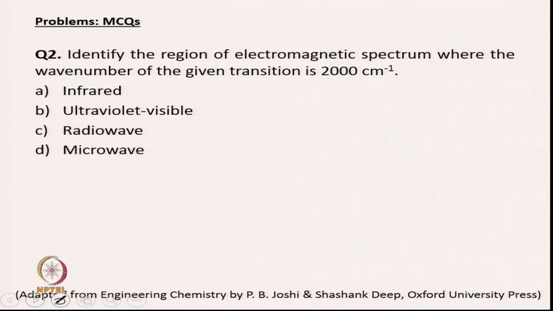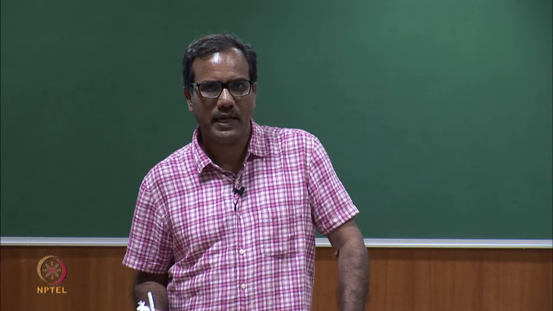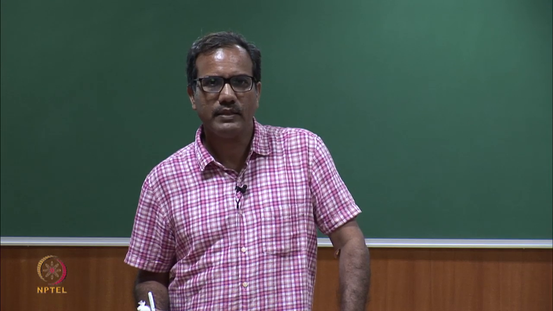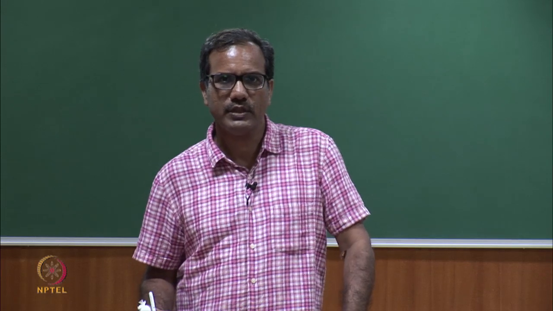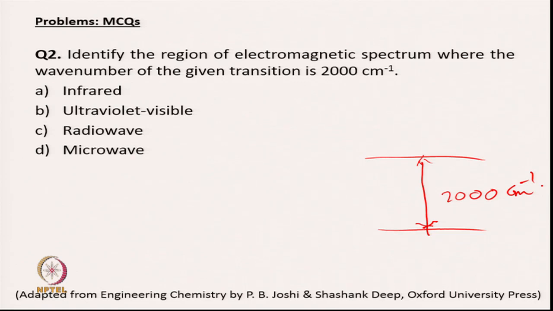Now, let us go to the second question. In this, you have to identify the region of electromagnetic spectrum where the wave number of the given transition is 2000 centimeter inverse. So, these are the two energy states, and you have to tell what is the region of electromagnetic spectrum.